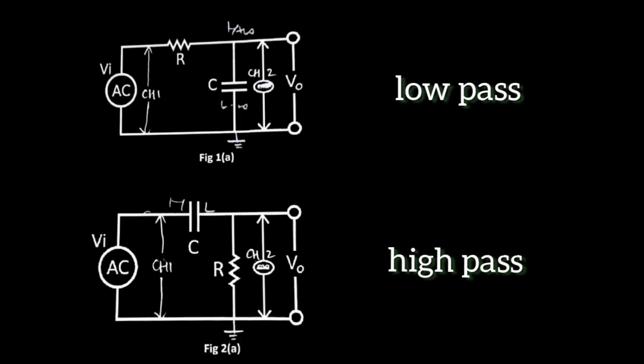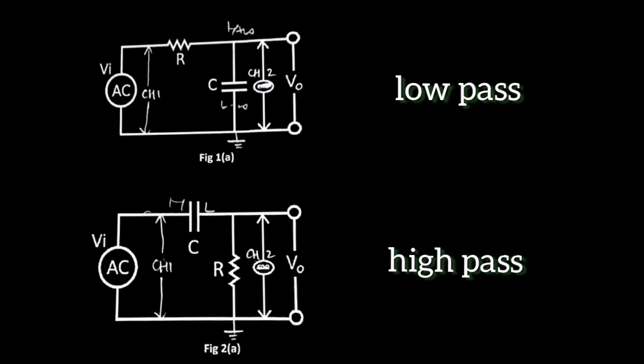In the low pass circuit, the output is taken across the capacitor, which is channel 2, and this causes the output signal to be much stronger for low frequencies. For the same reason, because the reactance is inversely proportional to omega and C, whenever XC is higher, the frequency is lower, so the output has higher voltage for lower frequencies, which is why you can see that the pass band is at a lower frequency in the low pass.